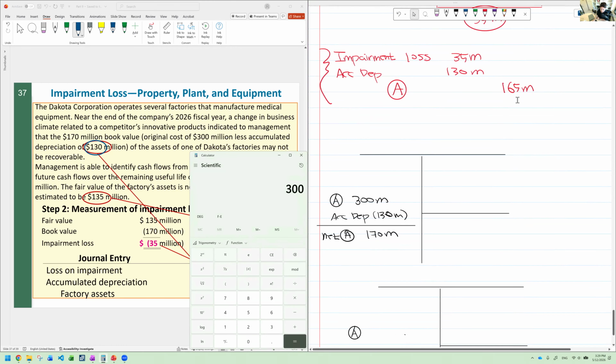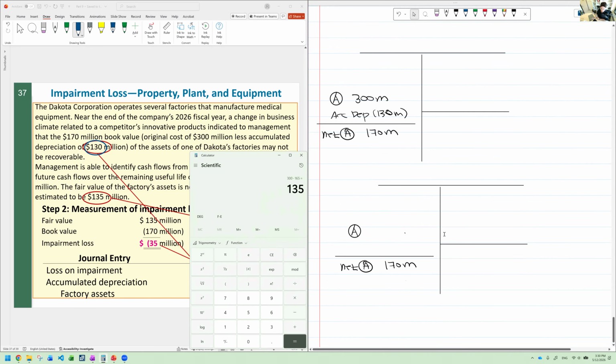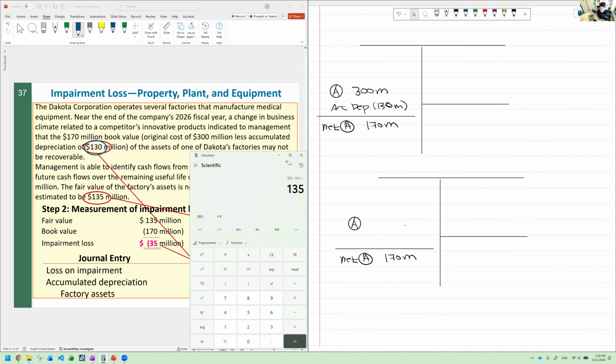Now we decrease the value of this asset by $165 million. So now you are going to report the value of this asset at $135 million. Since there's no accumulated depreciation, we've removed it, so the net value or the book value of this asset will remain at $135 million.